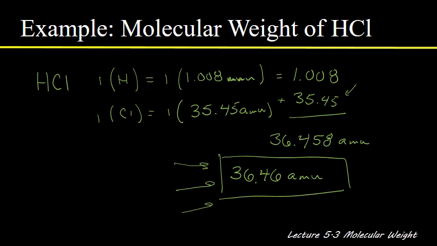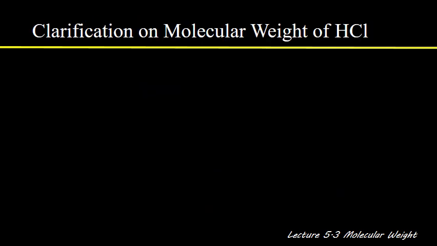Okay, now to add another little twist on this, hydrogen chloride is composed of hydrogen atoms and chlorine atoms, right? And we can look at the isotopic abundances here, and for hydrogen, there's really only one. There are a couple of other isotopes for hydrogen, but they have very low abundances.